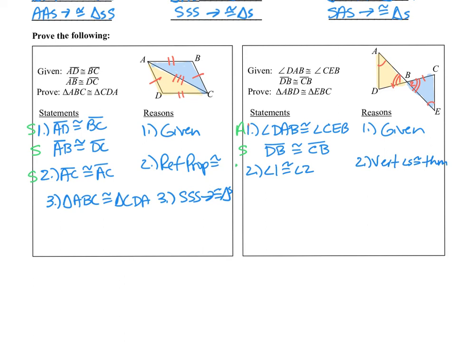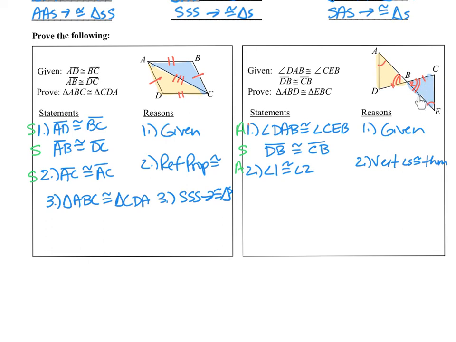Okay, so now we have enough information. We have 2 angles and one side of one triangle congruent to 2 angles and a side of another triangle. But we have to be careful here. When we have 2 angles and a side, you must look at the diagram and determine, is it an angle, side, angle situation or an angle, angle, side. So let's look at this blue triangle. We have our 2 angles, and I hope it's obvious to you that this side is a non-included side.